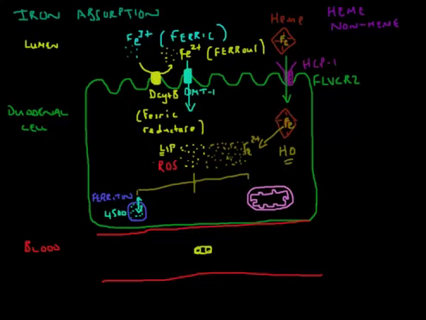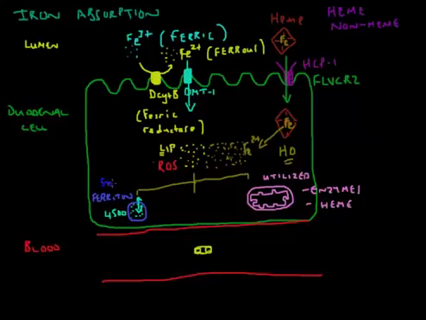So the iron can go to the mitochondria and be utilized, and it can be utilized to make enzymes and to make heme.